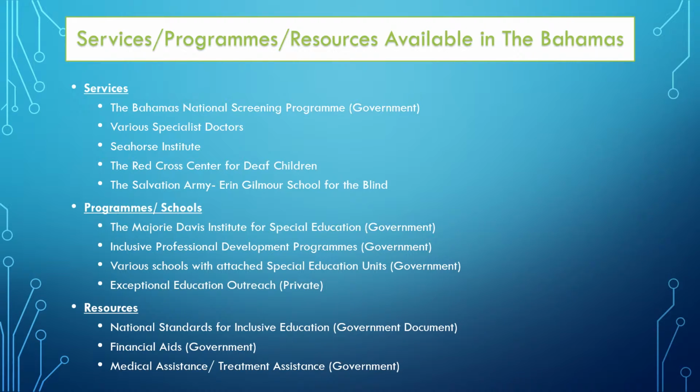You have various specialty doctors. You also have government schools that have special education units attached to them. The government of the Bahamas also assists in financial aid, in medical assistance, and treatment assistance. We also have national standards for inclusive education.